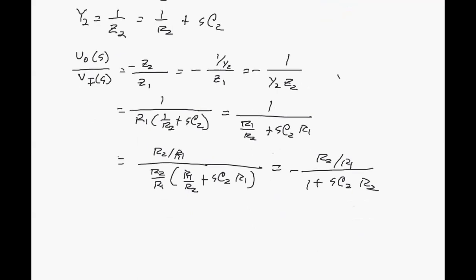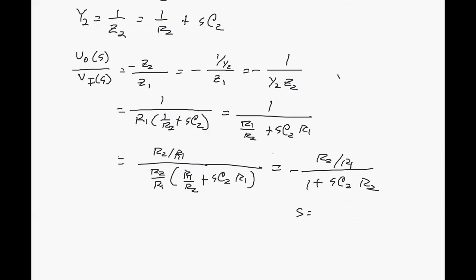And of course, if S equals 0, then that goes away, and we just have minus R2 over R1, which is the inverting configuration gain that we should expect. And if S is equal to infinity, then the gain is equal to 0, because this becomes huge, and that's just 0.